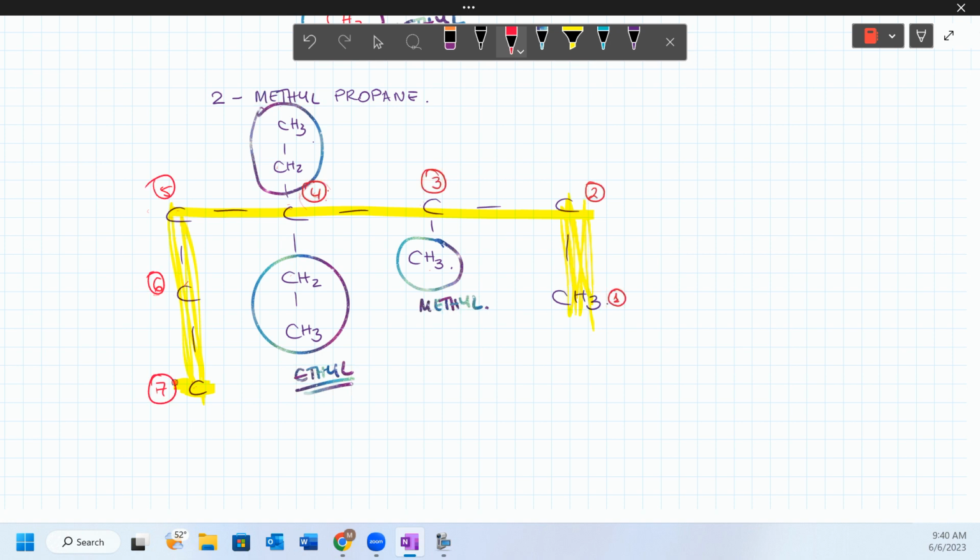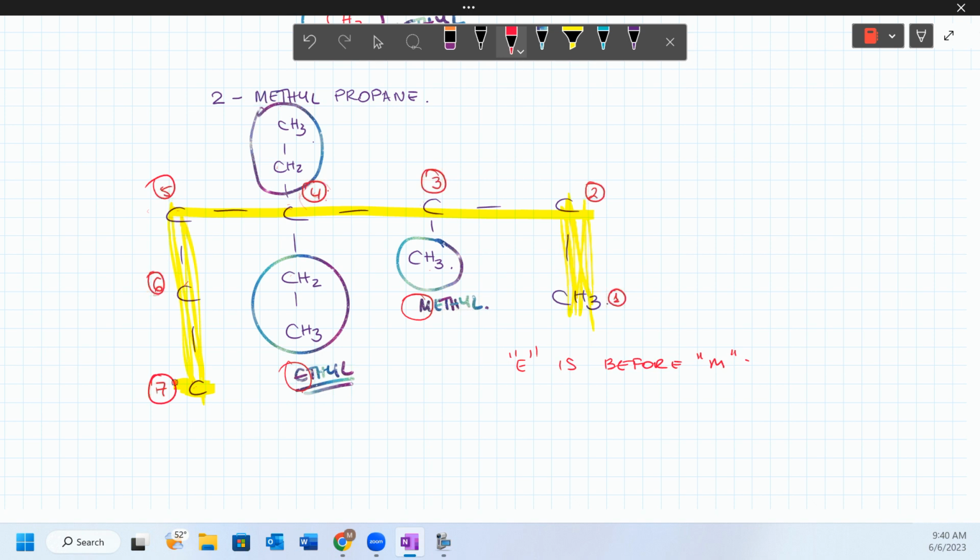Okay, so now, alphabetically, E is before M. E for ethyl is before M for methyl.